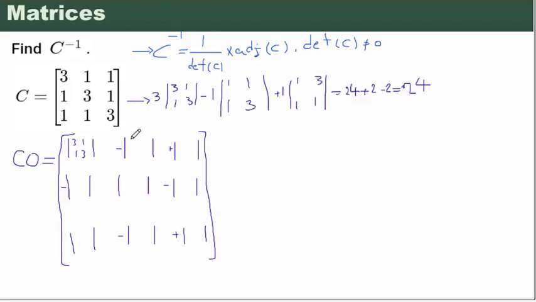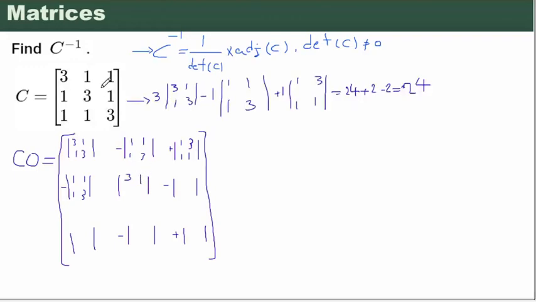Then the next minors, 1 1 1 3, 1 3 1 1, and here 1 1 1 3. Here it's 3 1 1 3.